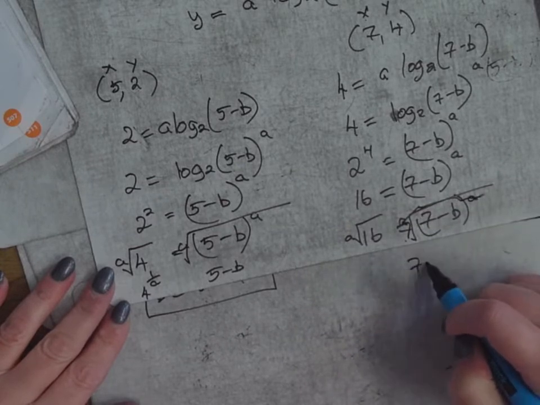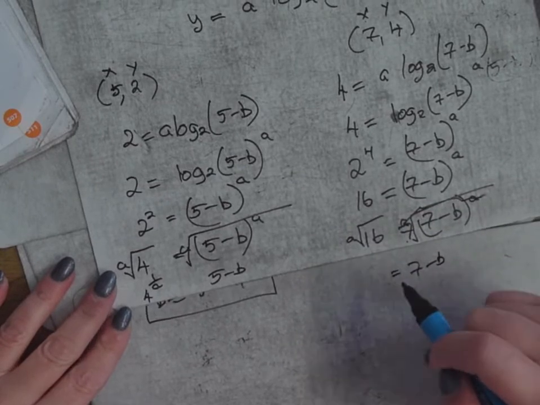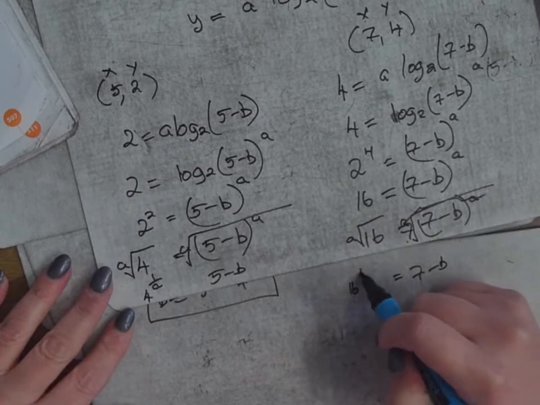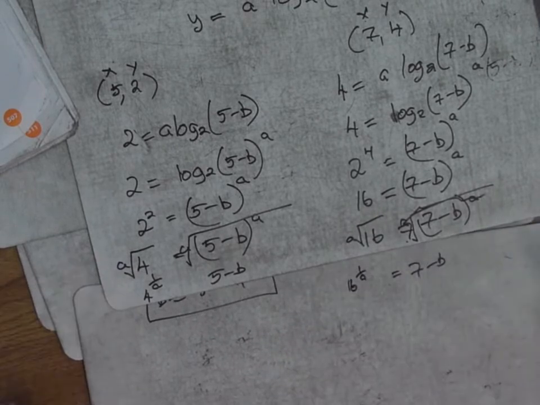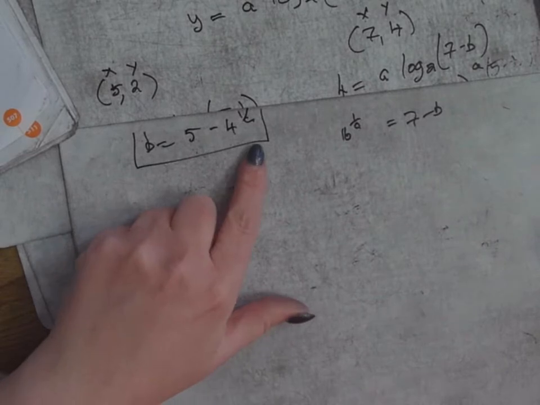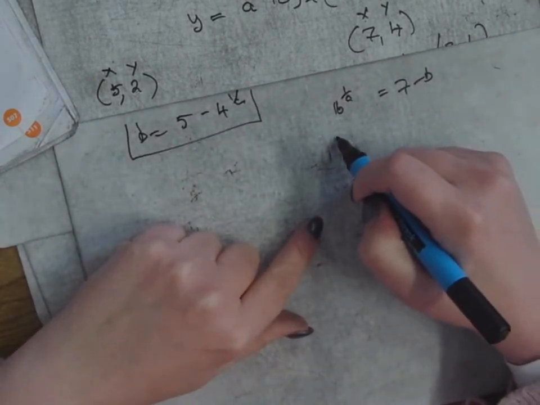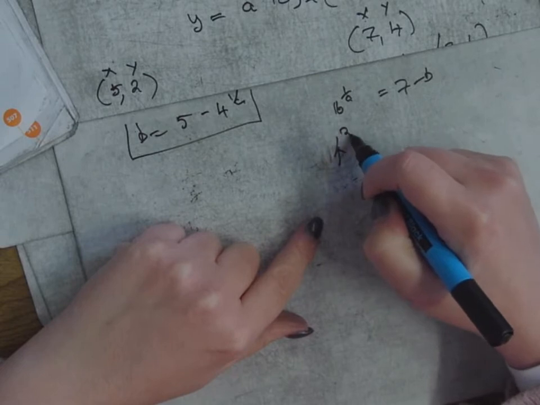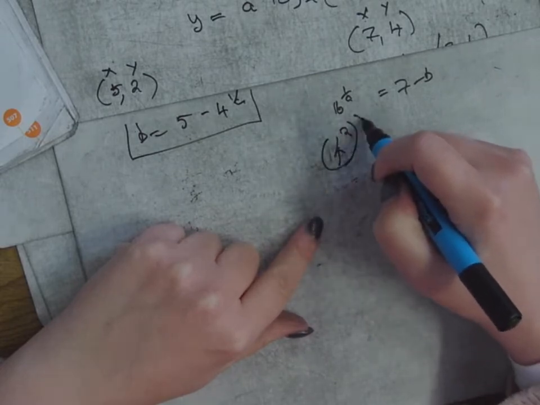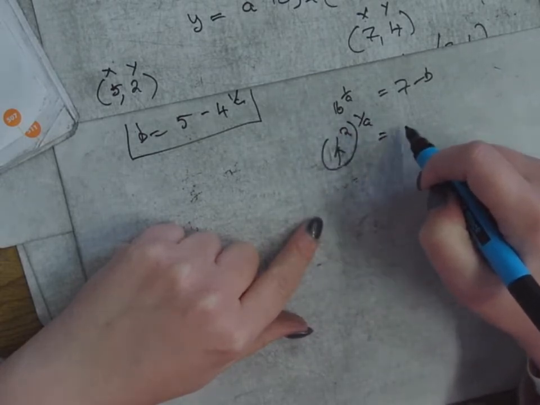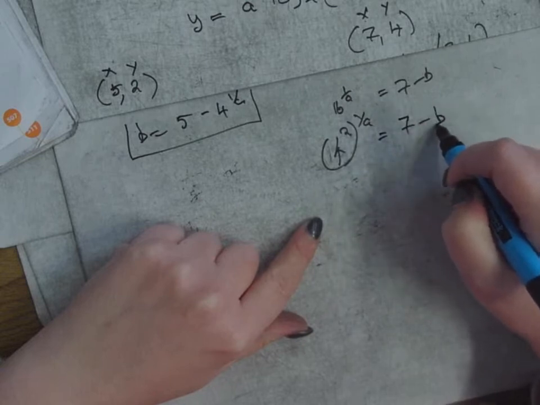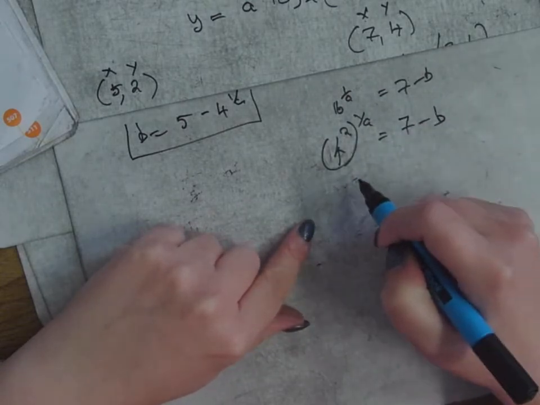So you get 7 minus b equals 16 to the power of 1 over a. Because the other equation is in 4 to the power of 1 over a, instead of 16 I'm going to write 4 squared, to the power of 1 over a, equals 7 minus b.